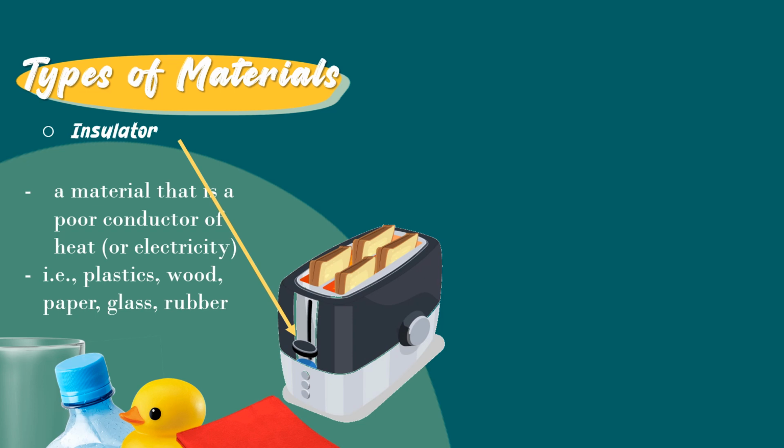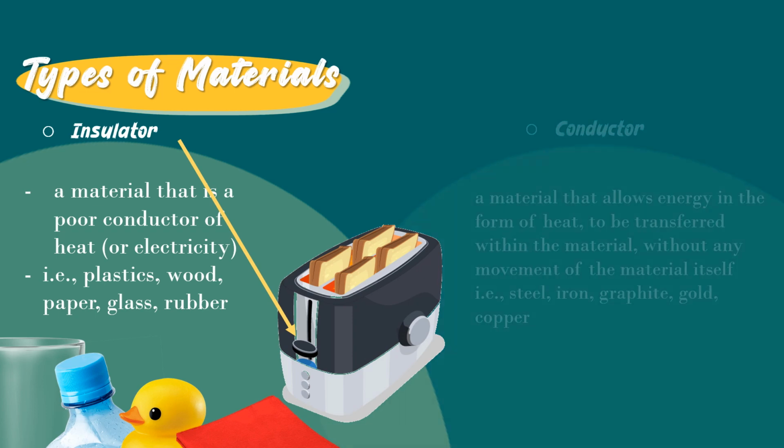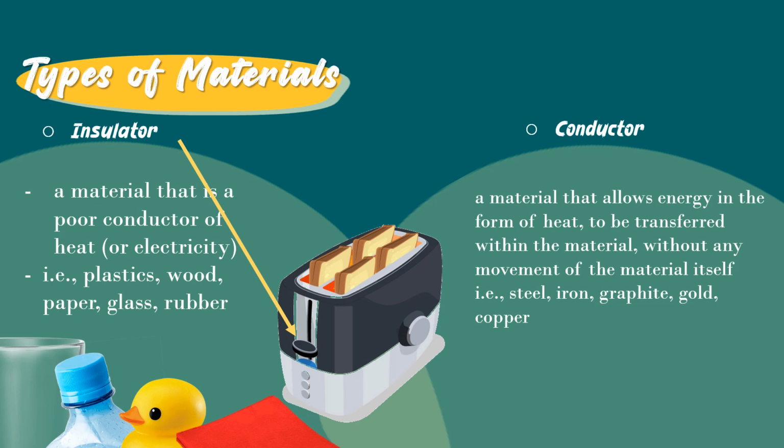Now, in contrast, we also have materials that are good conductors of heat. They are the conductors. These are materials that allow energy in the form of heat to be transferred within the material without any movement of the material itself. So there is no necessary movement in matter. There is just transfer of energy due to the collision of the particles in the material. Some materials have particles that can easily transfer the energy or heat through collisions of particles.